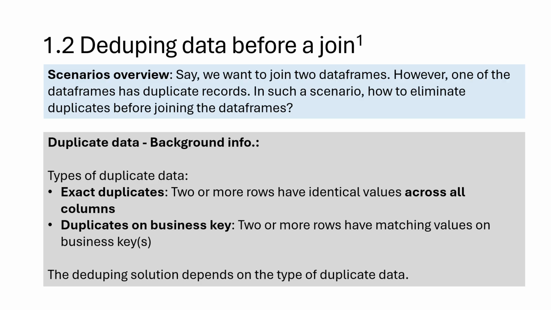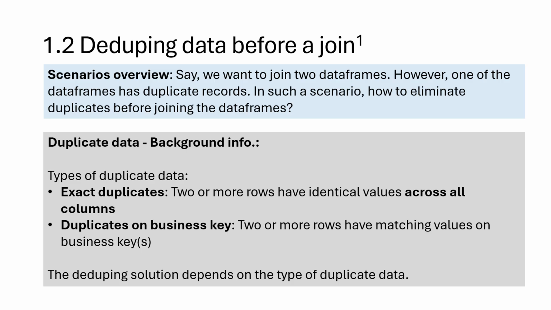However, one of the data frames has been found to have duplicate records. In such a scenario, how do we eliminate the duplicates before joining the data frames? Even before going into the details of this scenario, I want us to have a good understanding of the types of duplicate data itself.